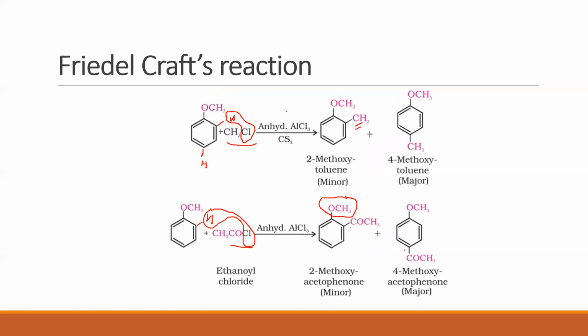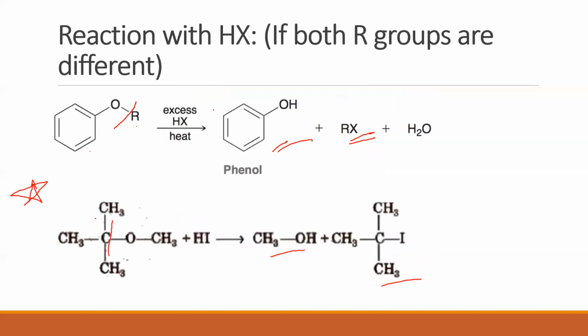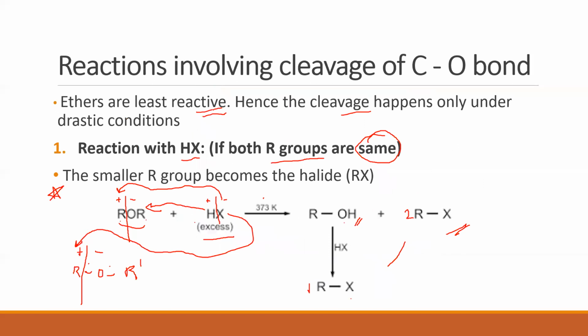All right, so before I go to the last part, I want to give you one more homework here. I gave you the first homework already, which was Reimer-Tiemann. The second homework is I want you to take an ether, methyl propyl ether.